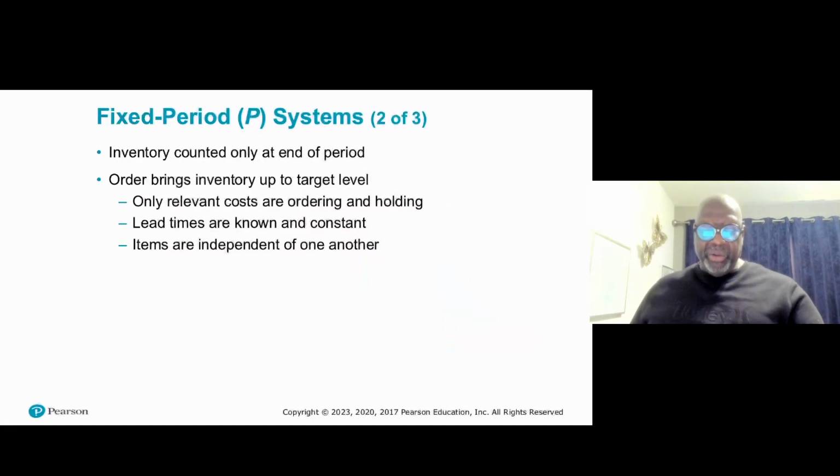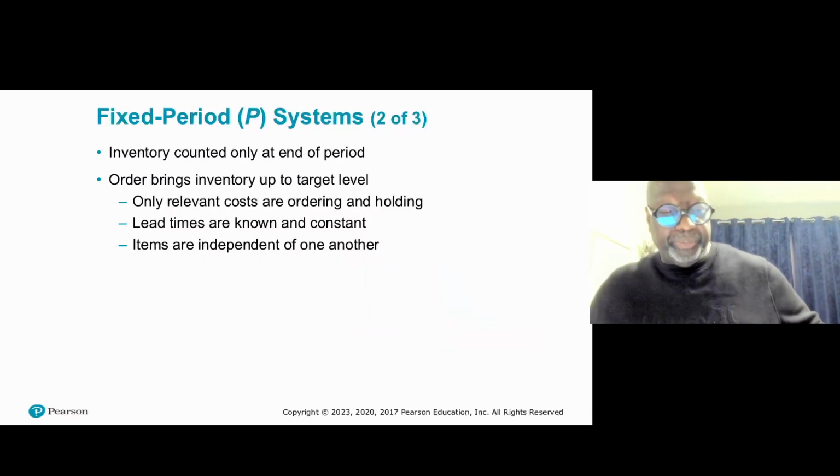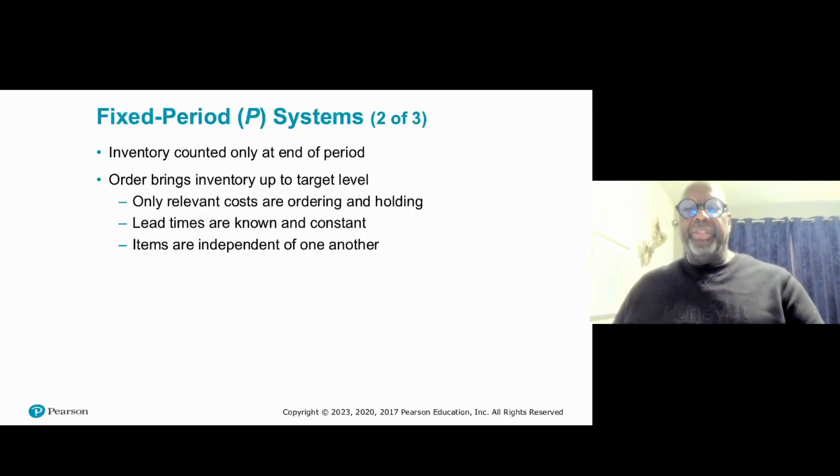In a periodic review system, things are a little different. There's some risk associated with it for sure, but it is one where you don't want to spend too much effort monitoring your inventory level. So let's contrast the two methods this way.